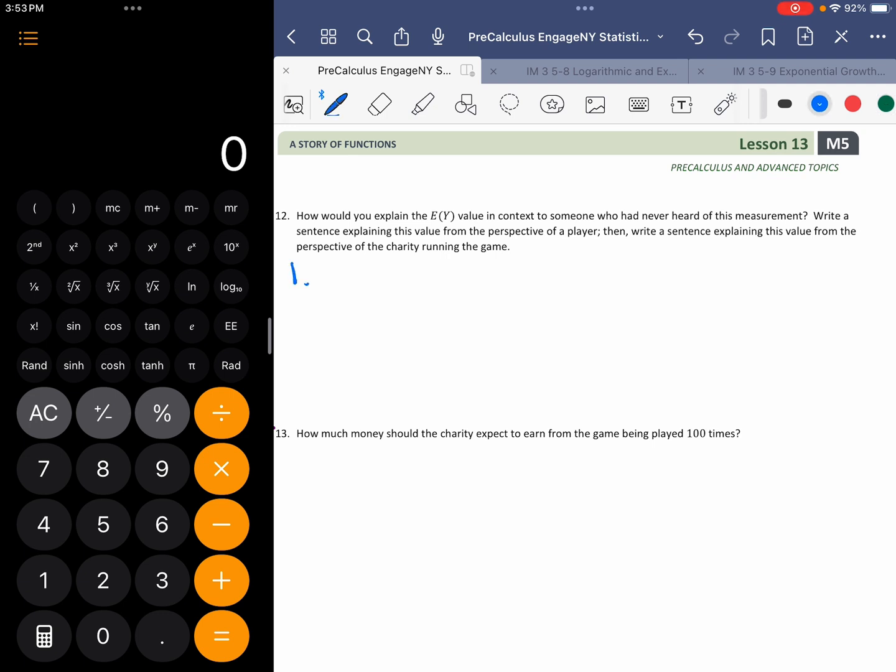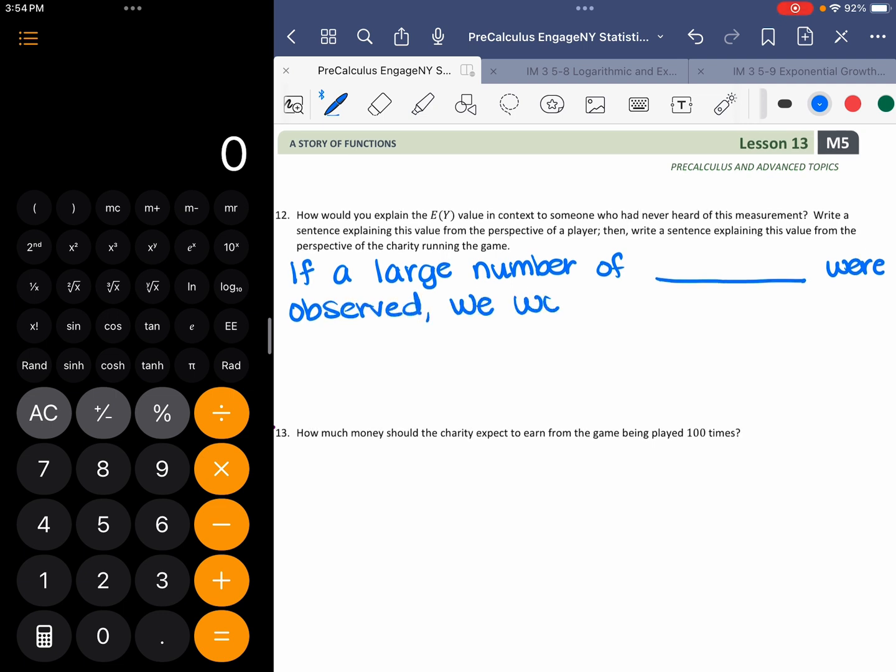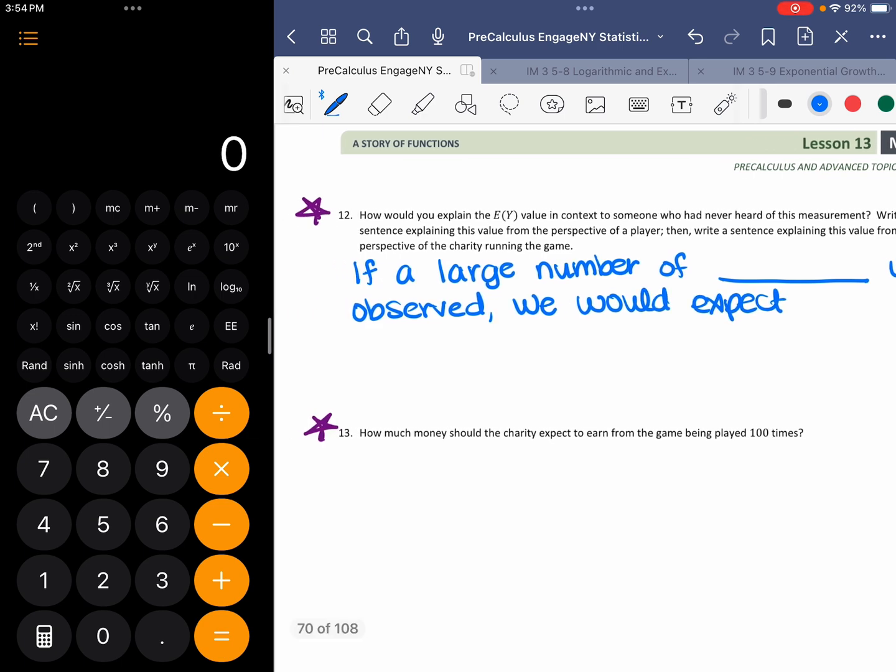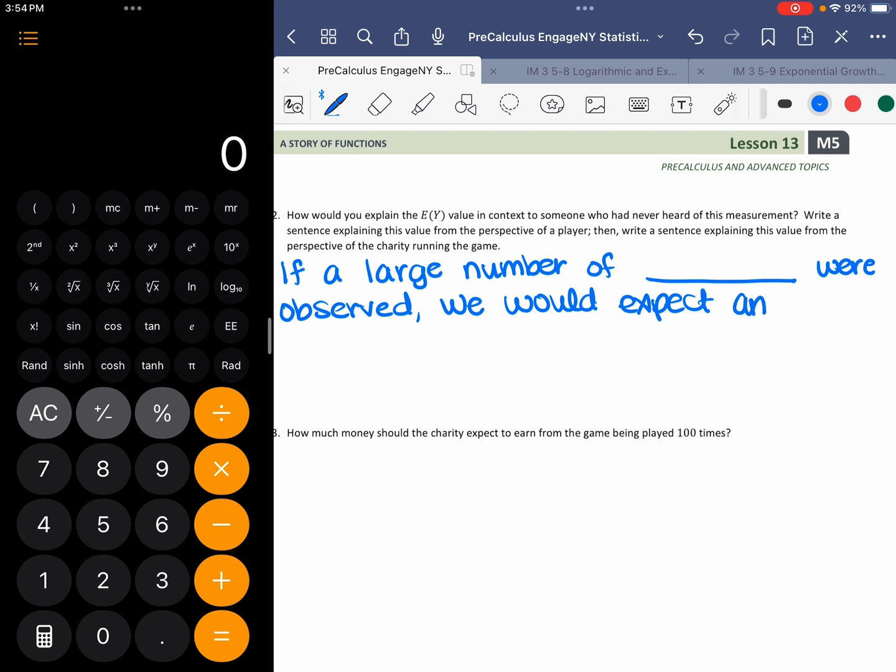All right, if a large number of blank were observed, we would expect an average of about blank.